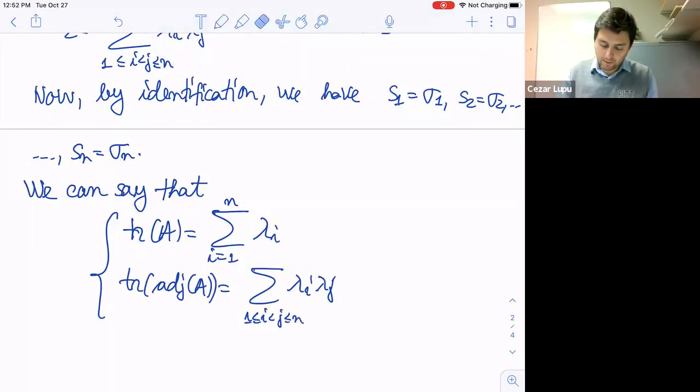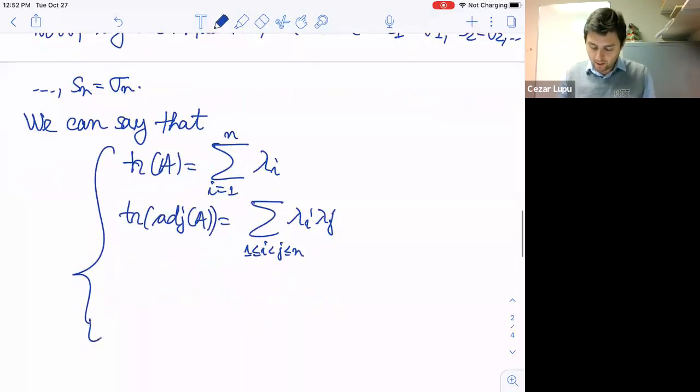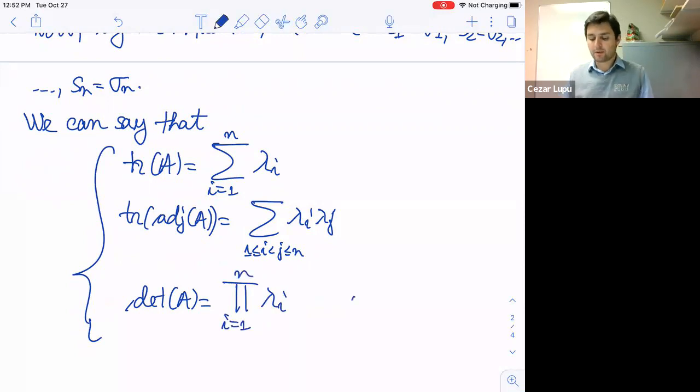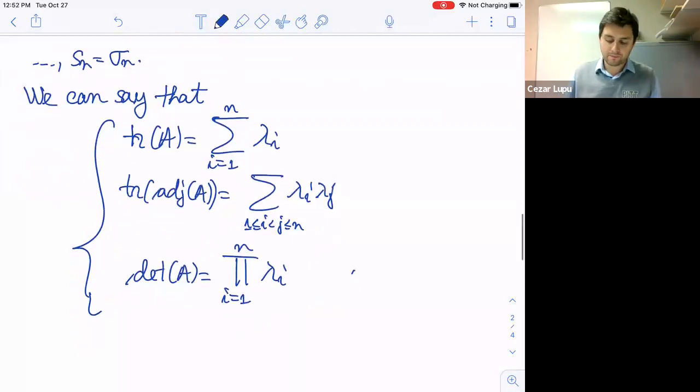And we keep going. The very last one, the determinant of A, is nothing else than just the product of the eigenvalues. So this is what you need to know. And now let me give you something very useful in applications, and I think we've talked about this. This is what we call the spectral mapping theorem.